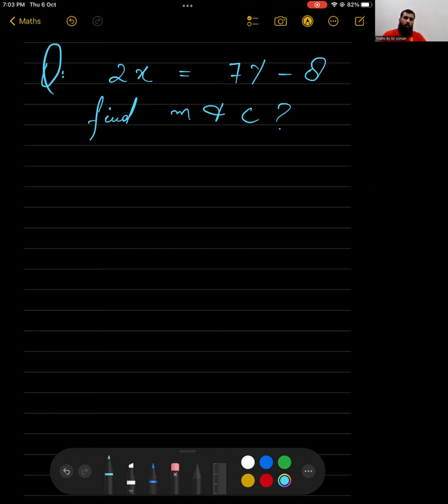Okay, so the value of m is 2/7. And the value of c is 8/7. Masood, check your answer. You are getting a wrong value for the gradient.